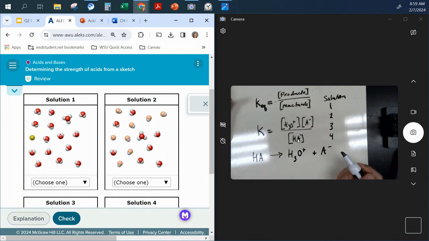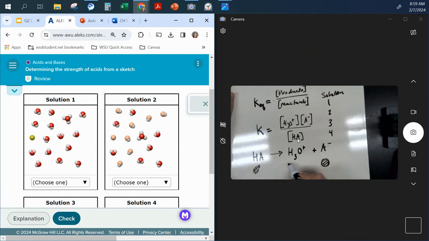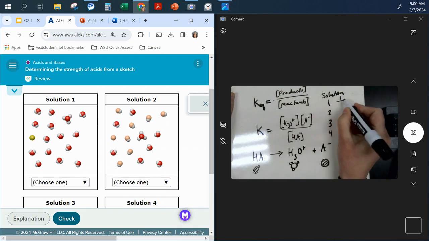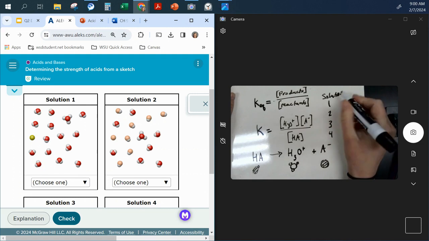So this one must be a strong acid. There is no HA, so we don't have a circle with a hydrogen on it. This will be H3O, this is what we're looking for. So this one we just have 1 A minus, and we have 0. Can we divide by 0? No. So this is going to be the strongest acid.